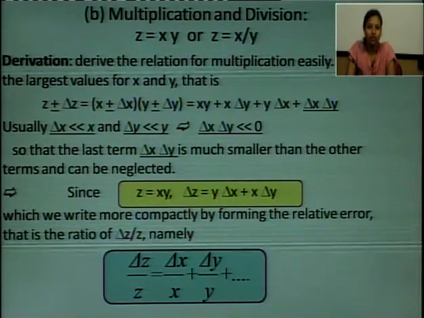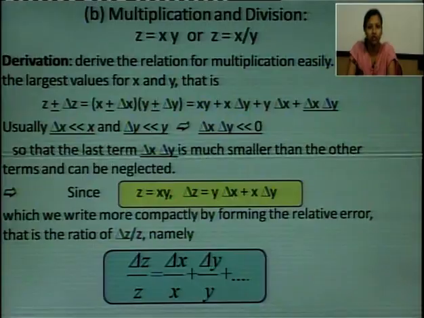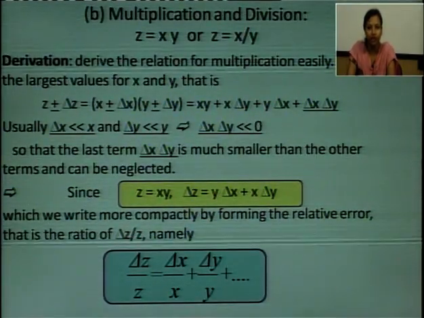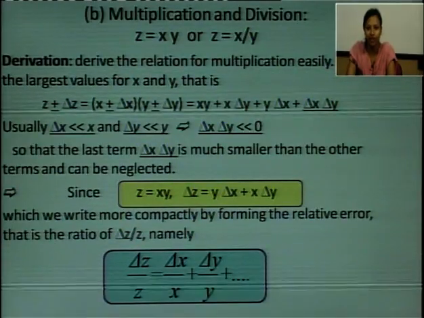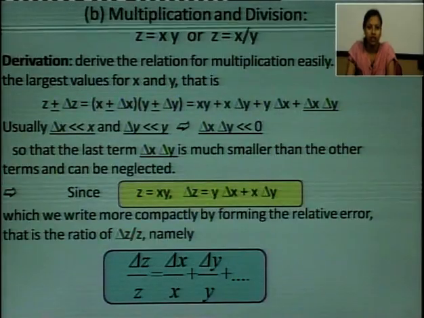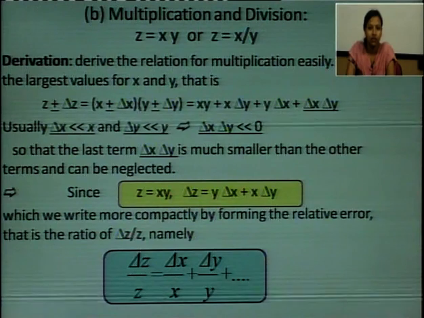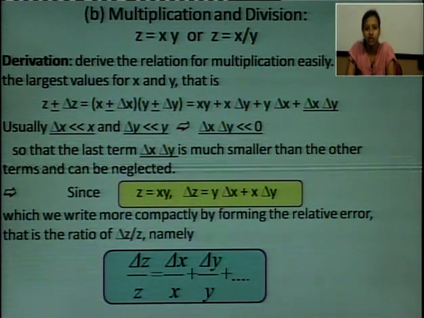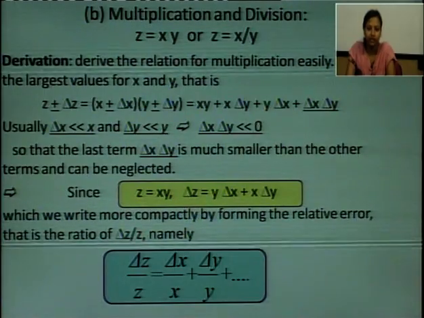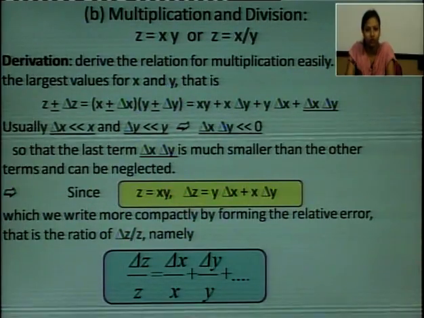Next is if the one quantity is a multiplication of two quantities or the division of two quantities. Suppose Z is equal to X into Y or Z is equal to X upon Y, then we can easily find out the error involved in the measurement by taking the percentage error. So the final formula is delta Z upon Z is equal to delta X upon X plus delta Y upon Y and so on.